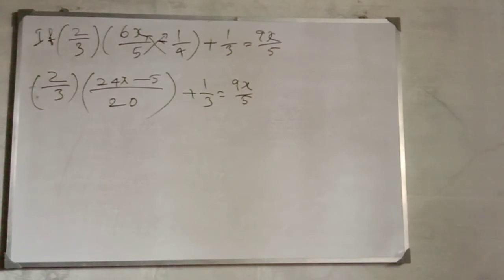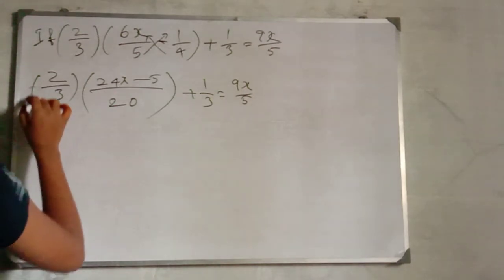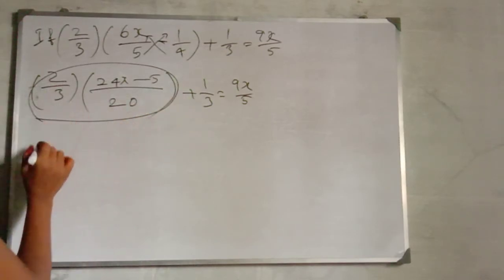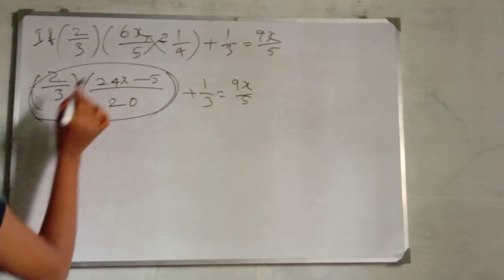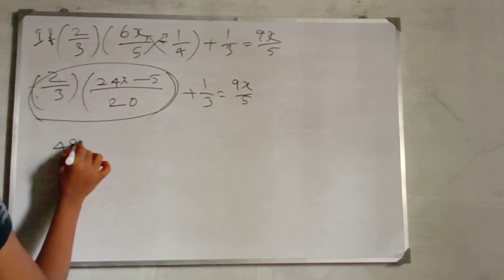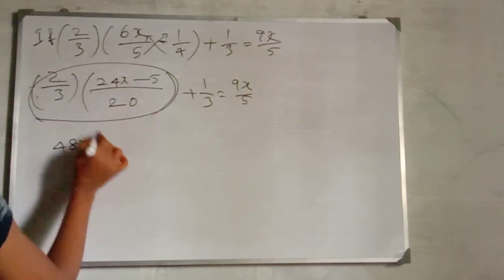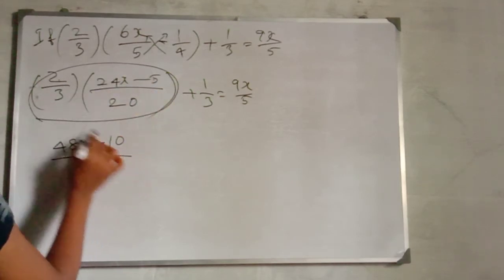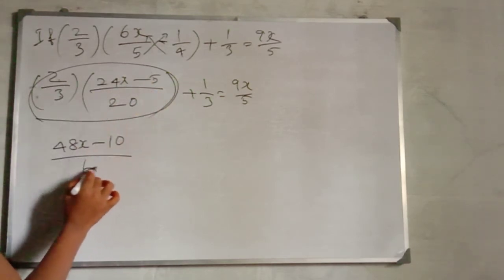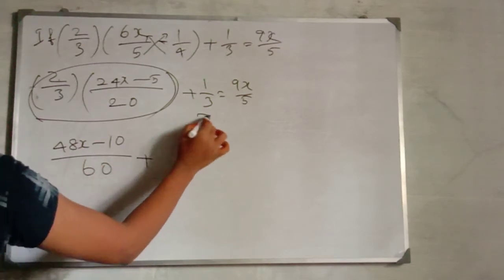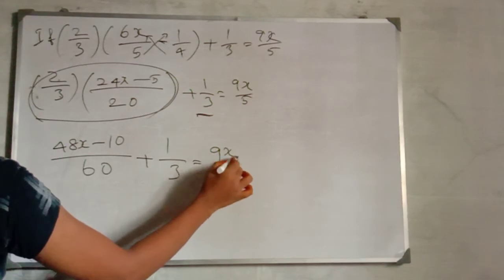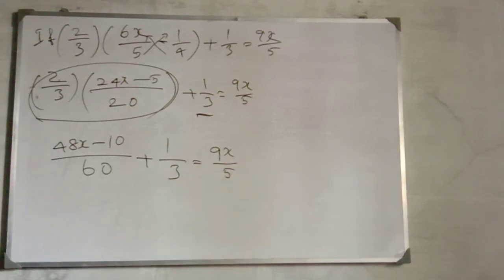Let me simplify. We have to multiply this term. So 2 into 24, 48x minus 2 into 5, 10, divided by 3 into 20, 60, plus 1 by 3 is equal to 9x by 5.